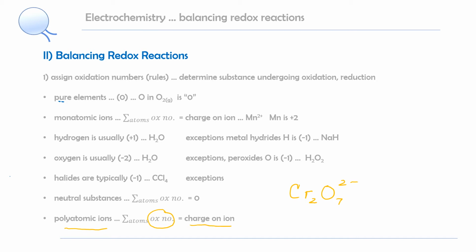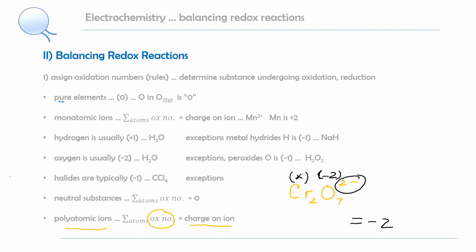So what do we know? We know oxygen is -2. I do not know the charge on the chromium atoms in this polyatomic ion. I do know that all of this has to add to the charge on the ion, which is -2.